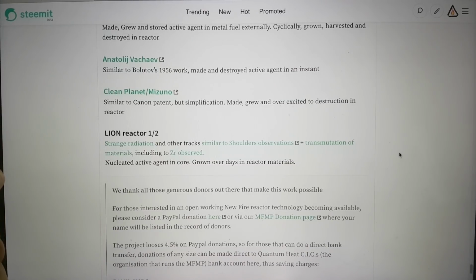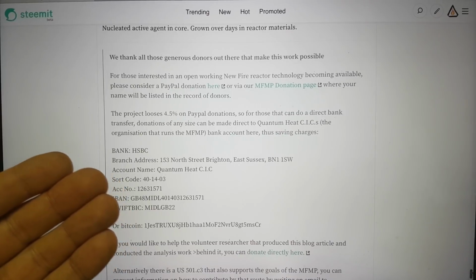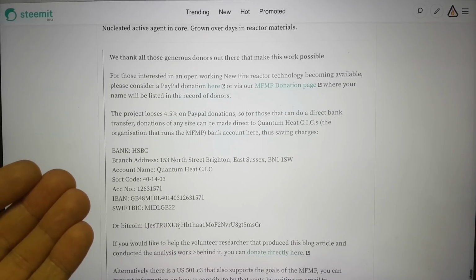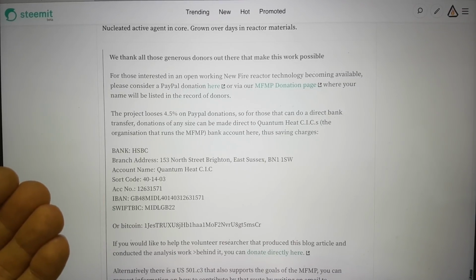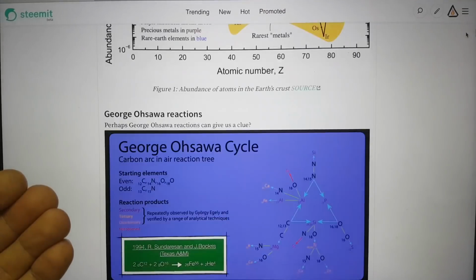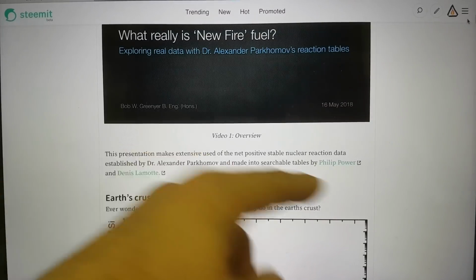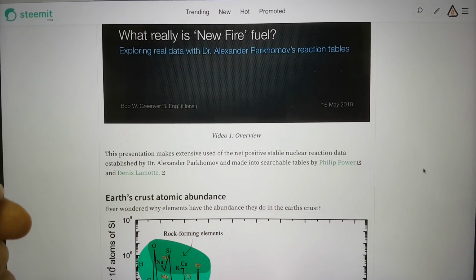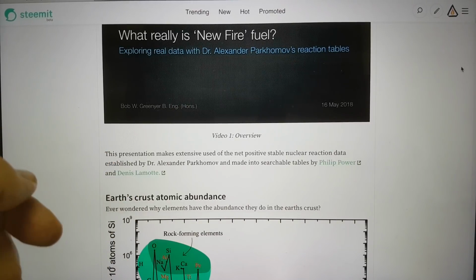I want to thank everyone that's made it possible for me to be able to do this work. There have been some very kind support over the past few months, and this allows me to explore my thinking and to share it with you and try and present it in as clear a way as I possibly can. I want to really thank Alexander Parkhomov for sharing this data, and Philip Power and Dennis Lamotte for making it into accessible online databases that you can explore.